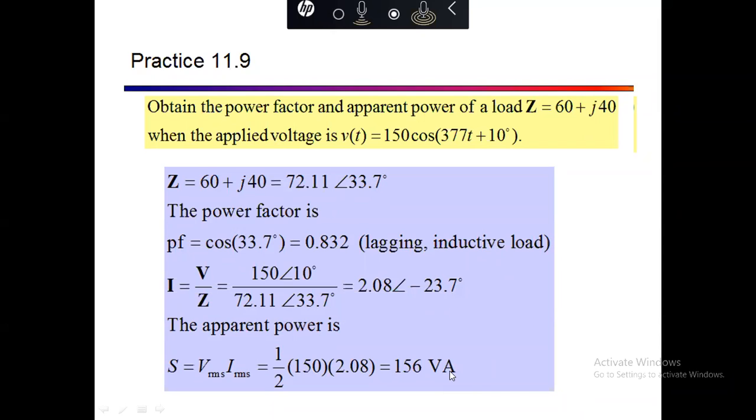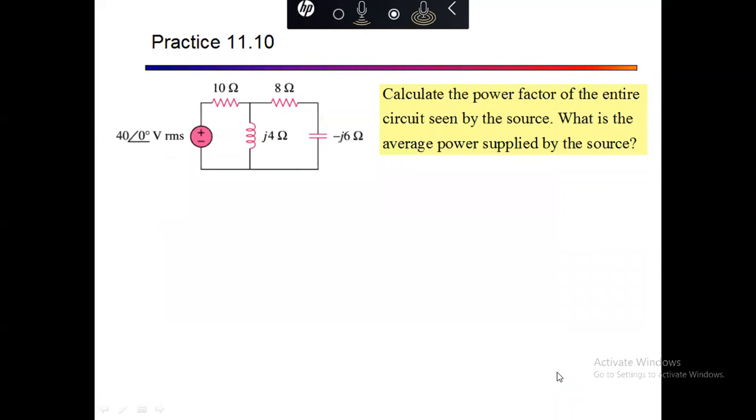Next, we have to calculate the power factor of the entire circuit seen by the source.